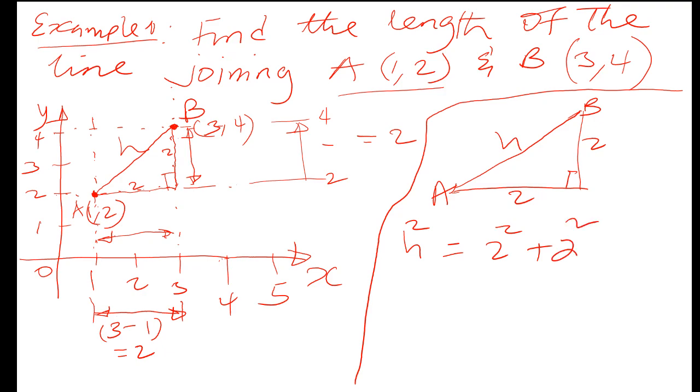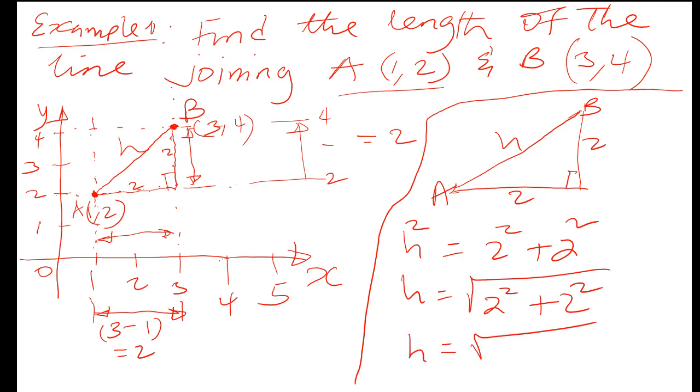Okay, so for us to find H alone, we have to take square root on both sides. Taking square root on both sides, you have 2 squared plus 2 squared, which means H, which is hypotenuse, will be equal to root of 4 plus 4, which will be equal to root 8. So you punch that on your calculator, it will be the length of the line joining AB.